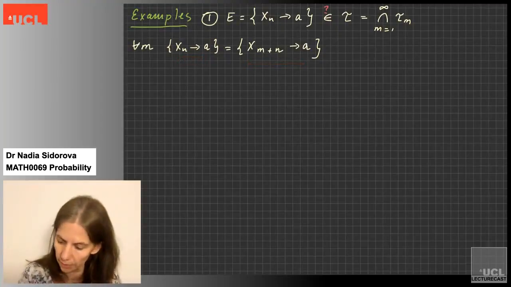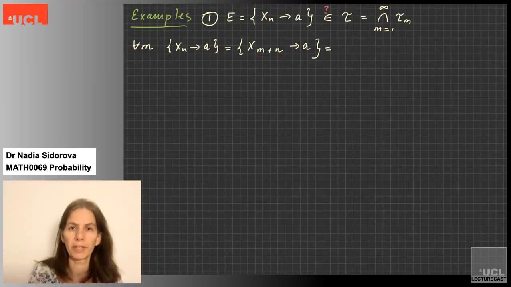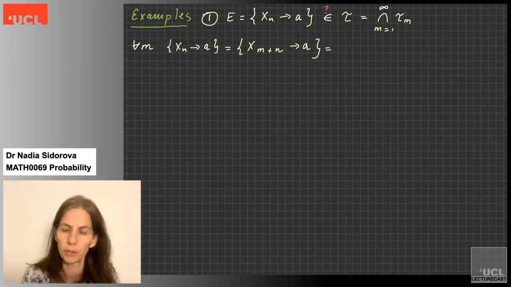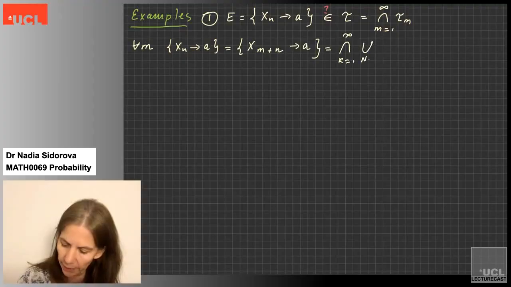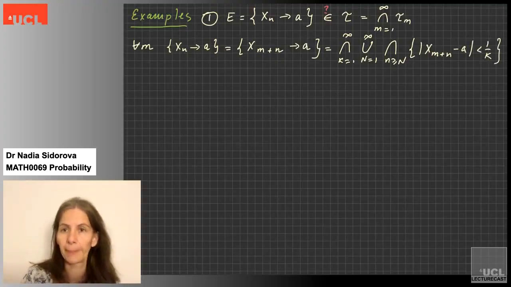And then you see, I somehow removed the first m terms from the definition, but to be even more precise, I'm now going to write down the definition of this convergence, which is for every k, there is a capital N, such that for all n greater or equal than capital N, mod x m plus n minus a is less than 1 over k.